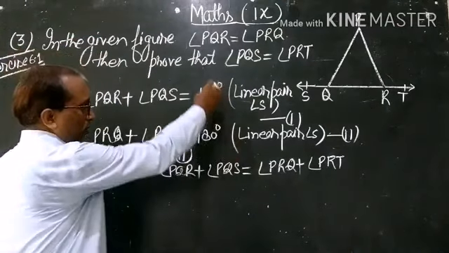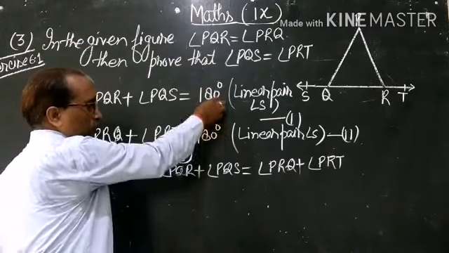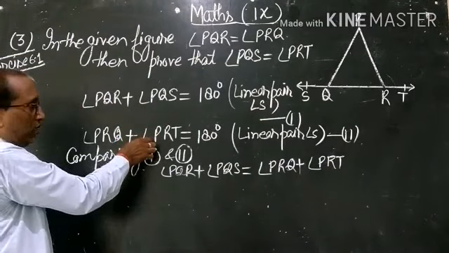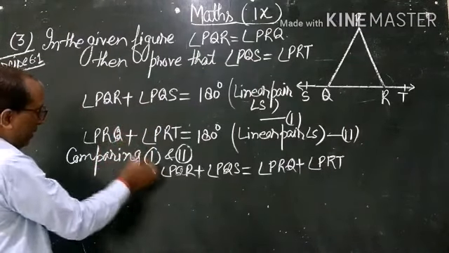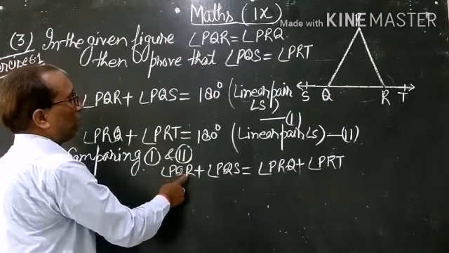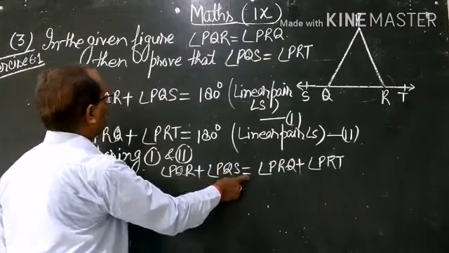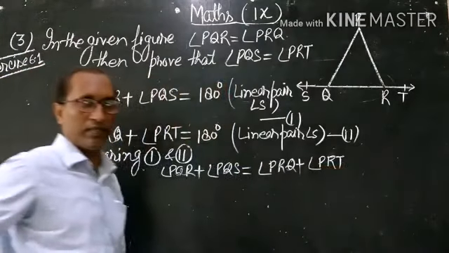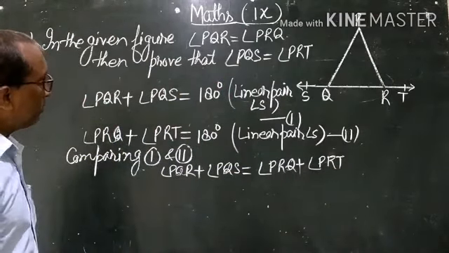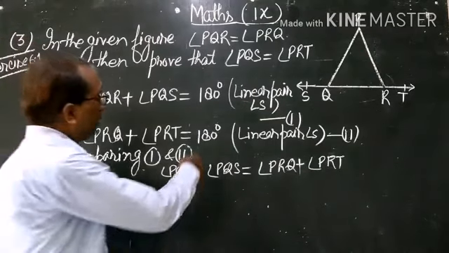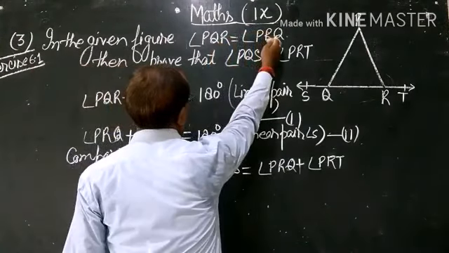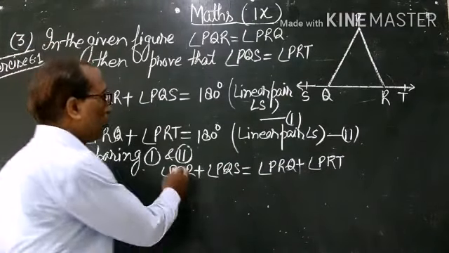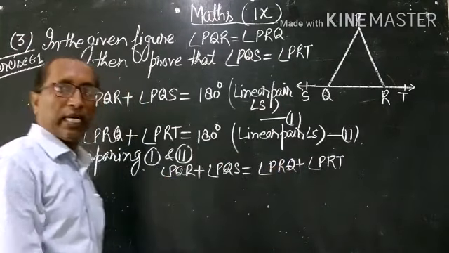Means when RHS is equal to each other, then LHS is also equal to each other. By this property, we write here angle PQR plus angle PQS is equal to angle PRQ plus angle PRT. And we know that angle PQR is equal to angle PRQ. It is given. Both are equal.